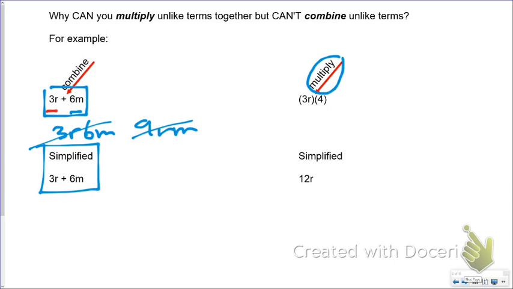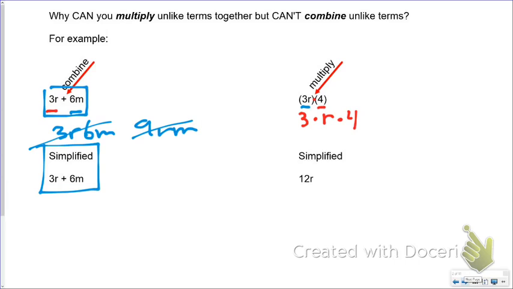However, when we multiply unlike terms, for example 3r and the constant 4, we can actually multiply those numbers together. And that is not the same as combining. I get a lot of students that say, Mr. Stewart, you can't do this because you said we can't combine like terms. But actually we can. What I have here is literally 3 times r times 4.